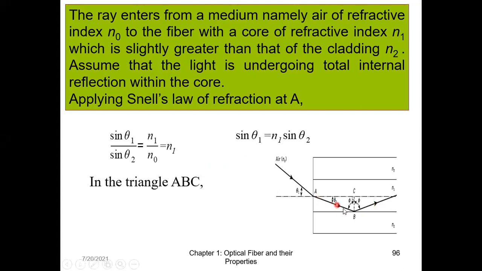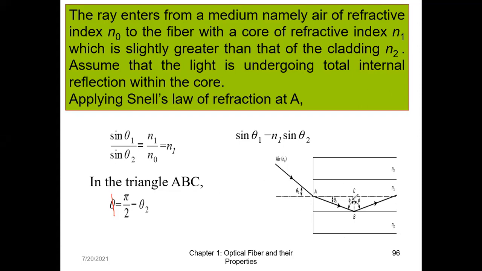Now consider this triangle ABC. Considering this, please draw this diagram, otherwise you don't know which triangle we are considering. So considering this triangle ABC, the theta that we are taking now, please make it phi, because the symbol is different here. So make it phi. This is my phi. So in triangle ABC, quickly draw this diagram.